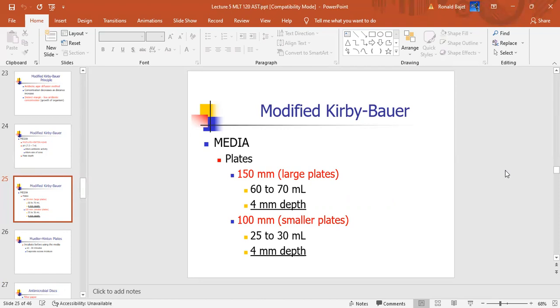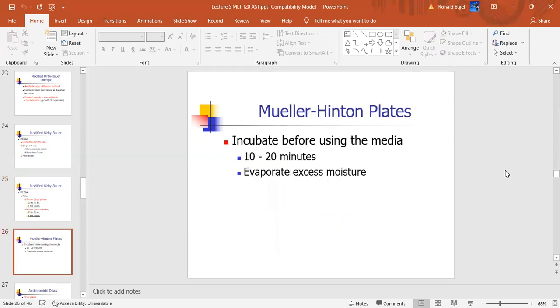You want to incubate your plates for 10 to 20 minutes before you use them, to make sure that there's no growth. You also don't want it to be cold; you take it out of the refrigerator, and you don't want to inoculate the plates cold. So you incubate it 10 to 20 minutes, helping it get to ambient temperature and also to evaporate excess moisture.